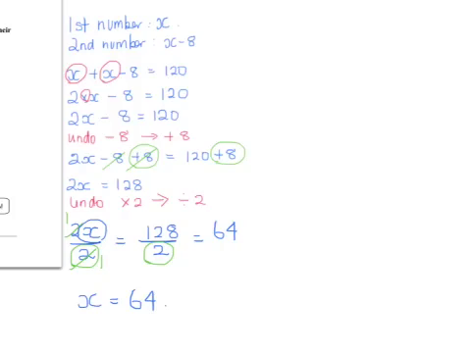So what does that tell me? That says that my first number is 64. Now my second number was x minus 8. So substituting in 64 for x, that's going to be 64 minus 8, 56.